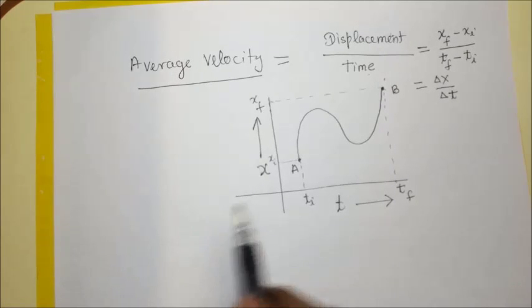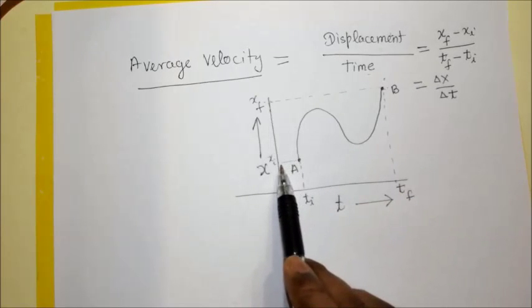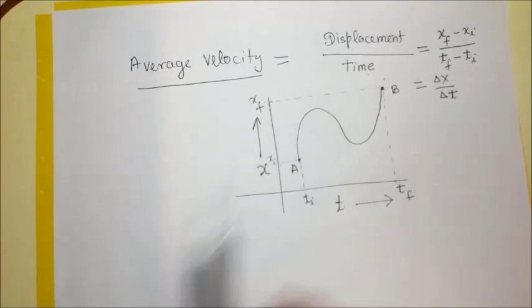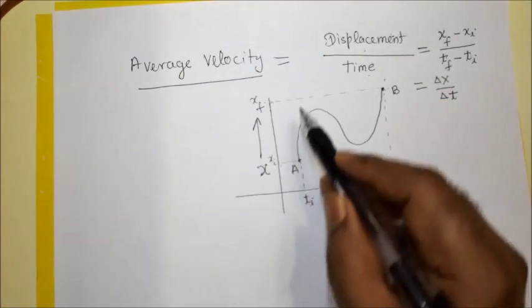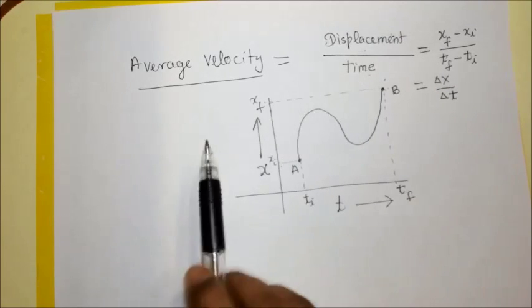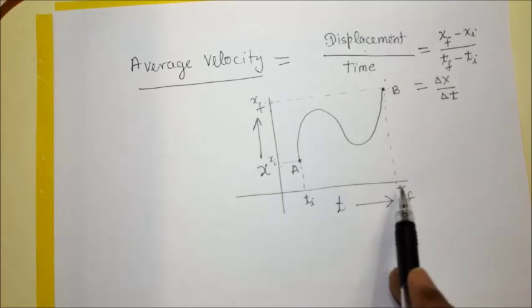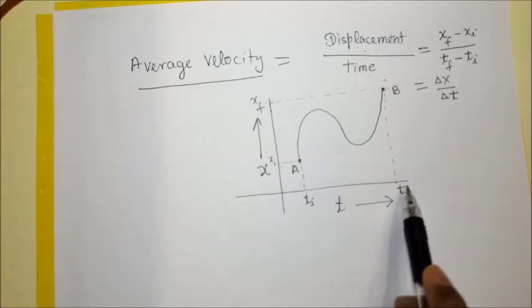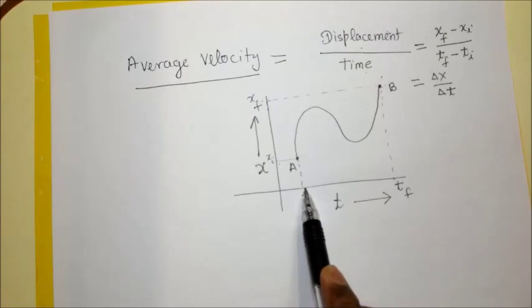So you have to see only the final position and only the initial position, take the difference, and that will give you displacement. It doesn't matter how he is going in between, you consider only the final and initial positions, and at what time he is at the final position and at the initial position.